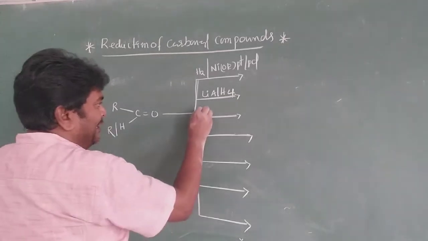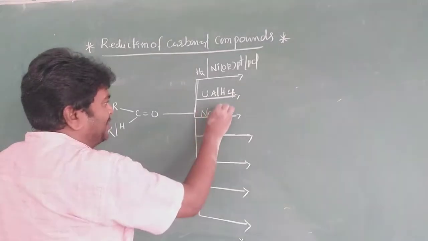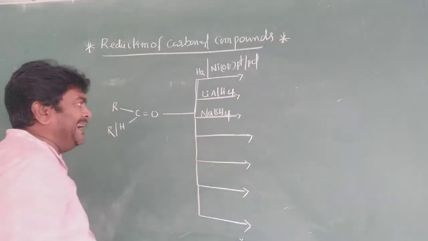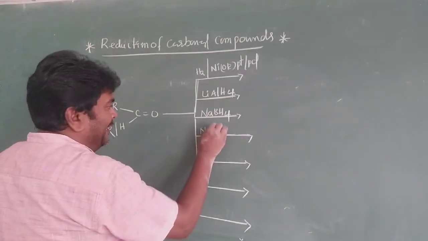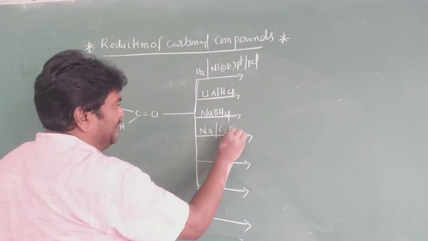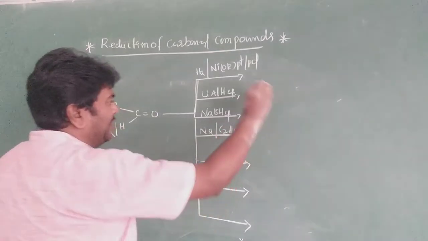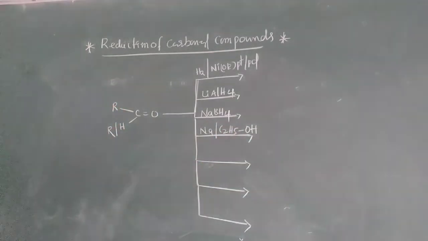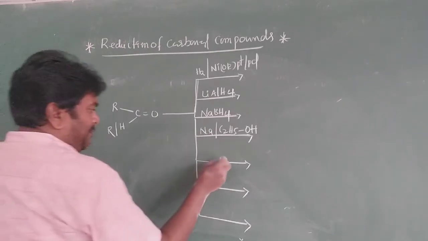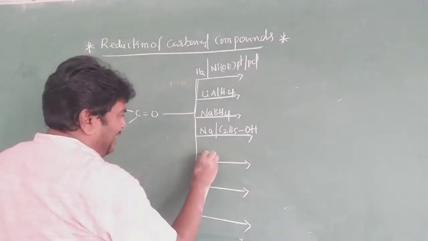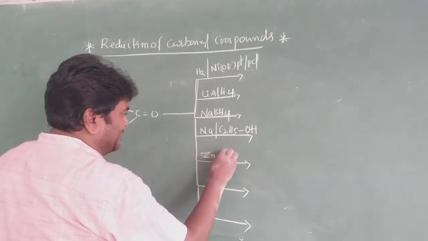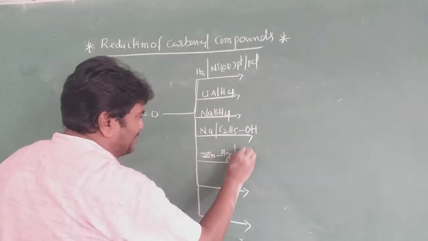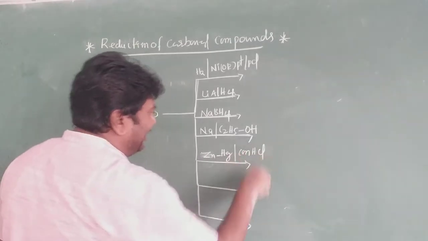Next one, NaBH4, sodium borohydride. Next one, sodium metal in presence of alcohol, C2H5OH. Listen carefully. Next one, zinc amalgam, Zn-Hg, in presence of concentrated HCl.